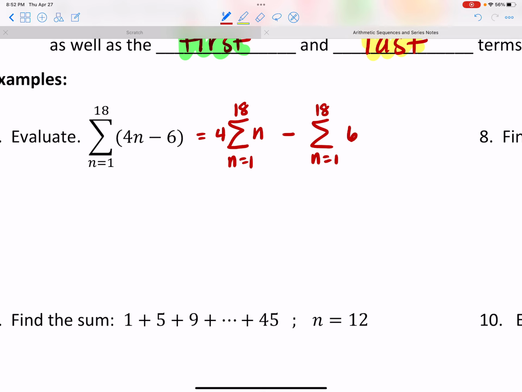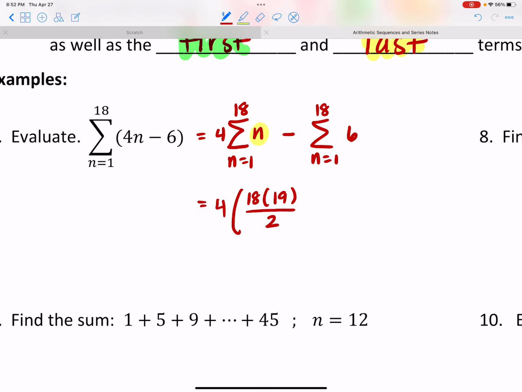So we had a formula we talked about in our previous topic for n here. This is going to end up being 4 times, for n, or in our formula it's i, but it's just a variable. So the formula said to take the upper limit of our sum, which is 18, and then n plus 1, which would have been 19, or the upper limit plus 1, and then divide by 2.